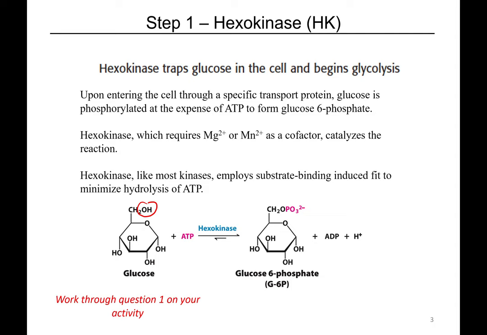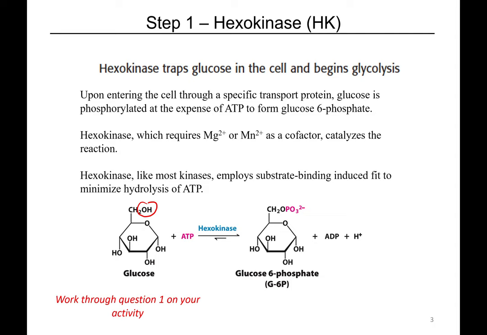Remember, with kinases, the idea here is that ATP hydrolysis is just as likely to happen as phosphate transfer, right? So we talked about using this hydroxyl group as a nucleophile, but water can just as easily be a nucleophile, attack the gamma phosphorus, and that results in a more spontaneous reaction, right?